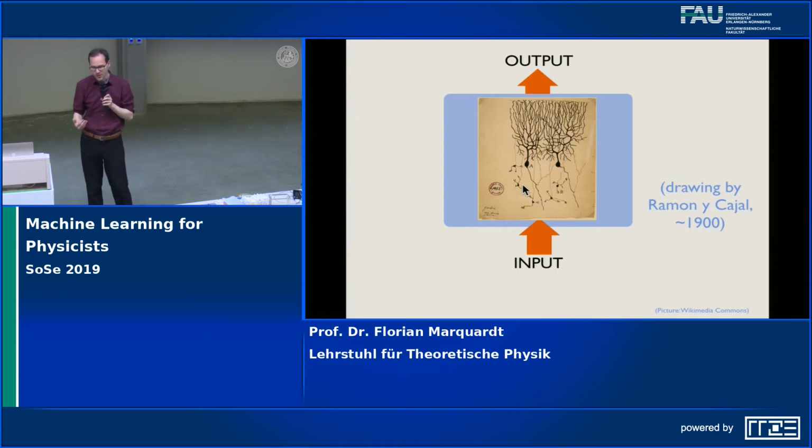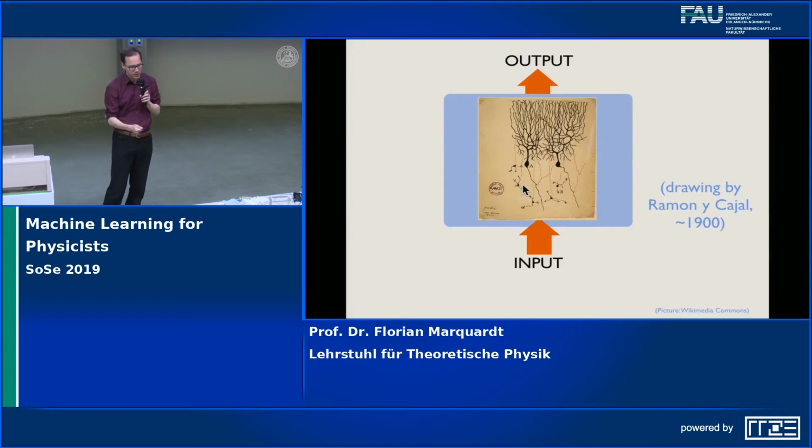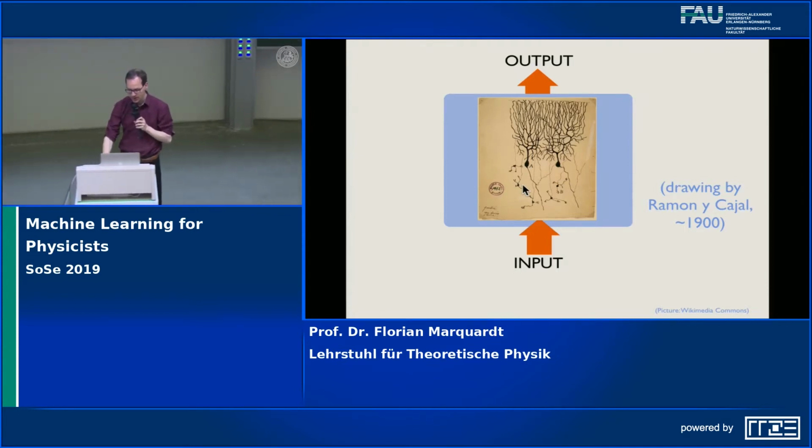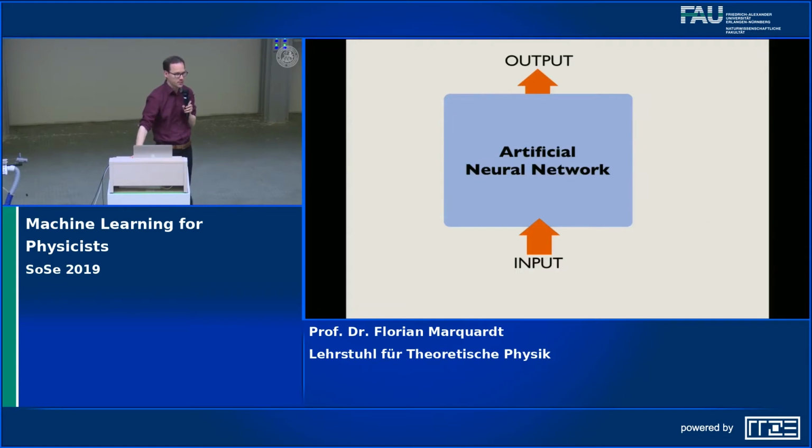Because, in particular, what we want is something that works without you having to prescribe a detailed algorithm, but instead it should be able to learn on its own, just as your brain is able to learn on its own. So that's the purpose of inventing what is called artificial neural networks. So they are inspired by how a brain works. They do not exactly model how a brain works, but their goal is also to be as flexible and to be able to figure out new stuff by looking at training examples, essentially.